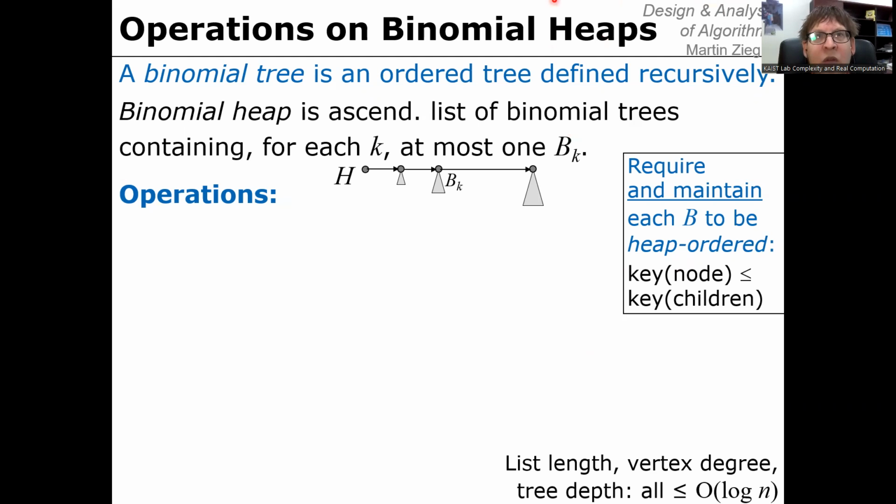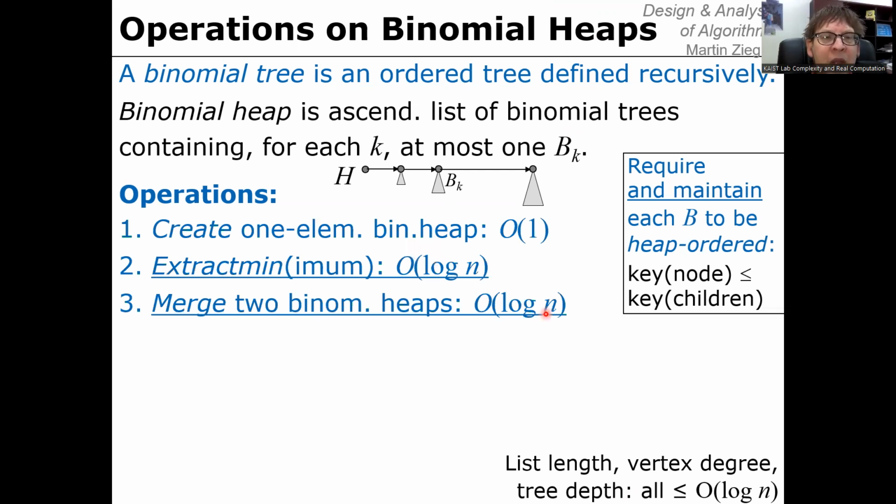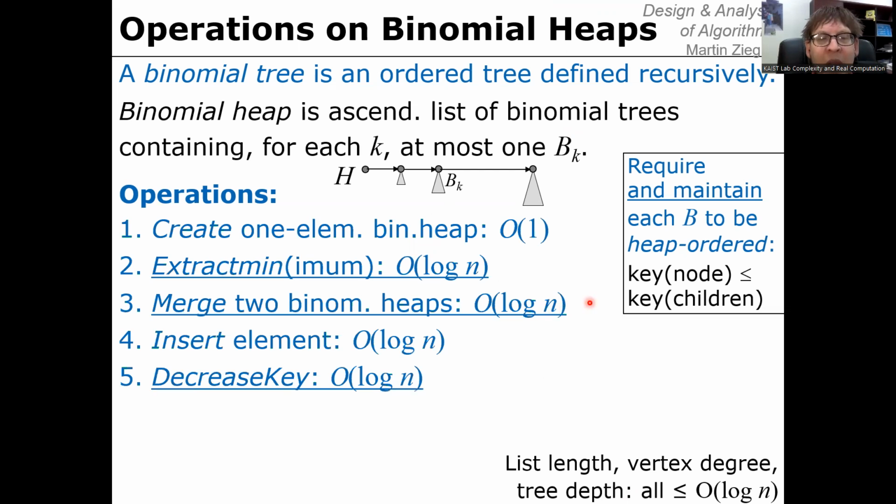So let me remind you of the operations supported by a binomial heap. First, there's a create operation. Then there's an ExtractMin operation. There's the merge operation, the most important one, the insert operation, DecreaseKey operation, delete operation.